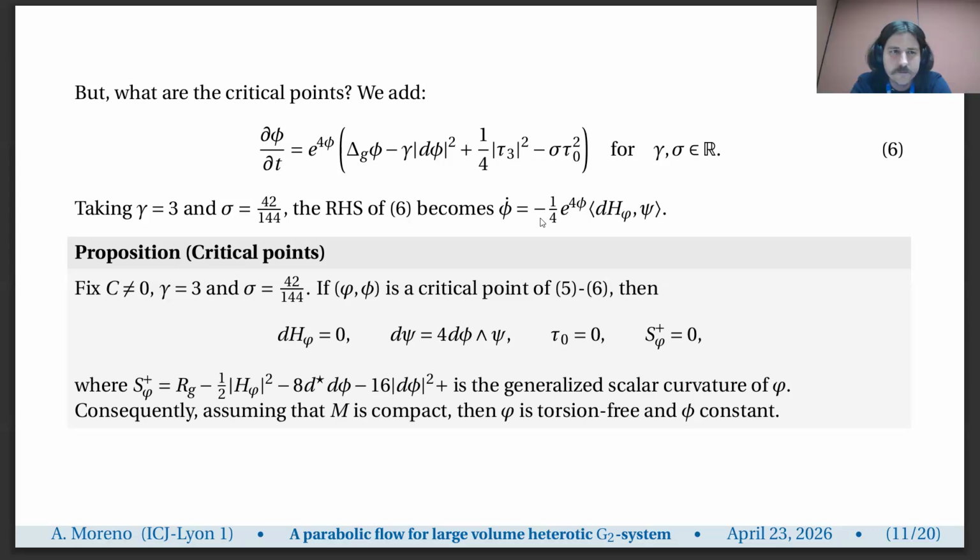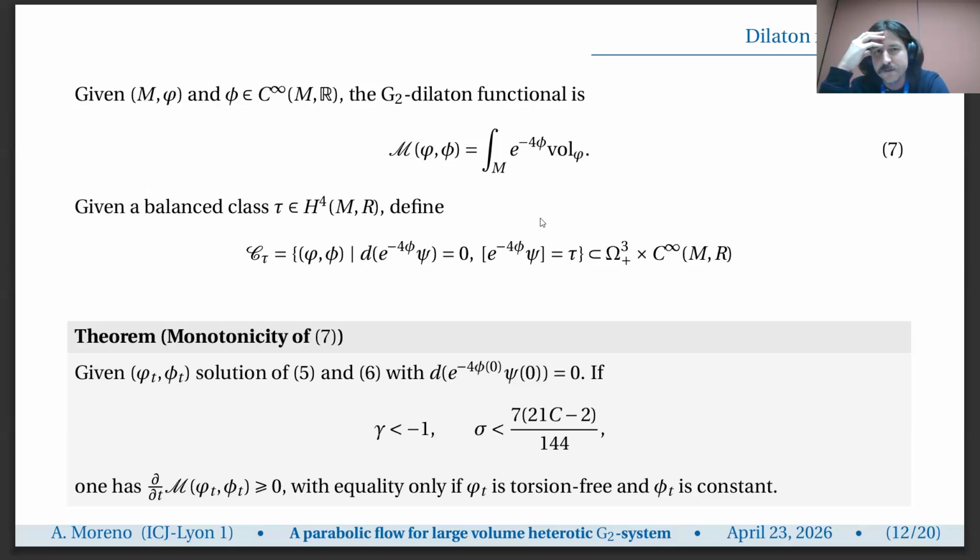Okay, I see. So it's just a technical thing, I guess, the numbers just come out this way. If you put 4/3 there, that's what... Yes, exactly. You just want to guarantee that the functional is monotone. Yeah, that makes sense. Thank you.